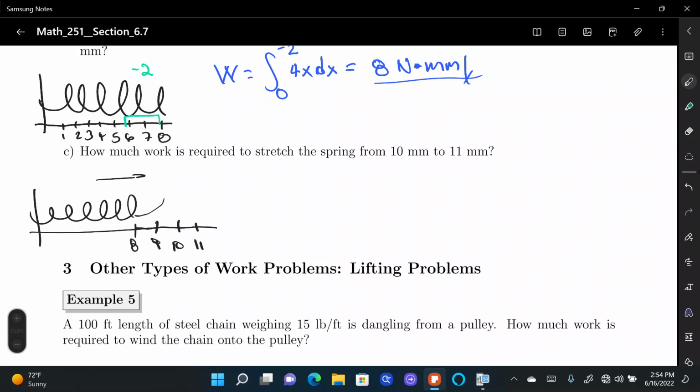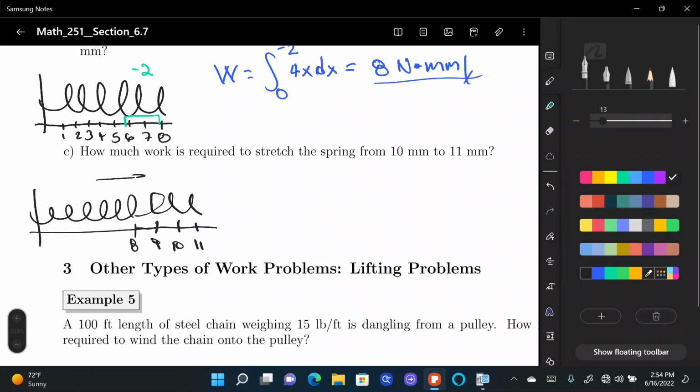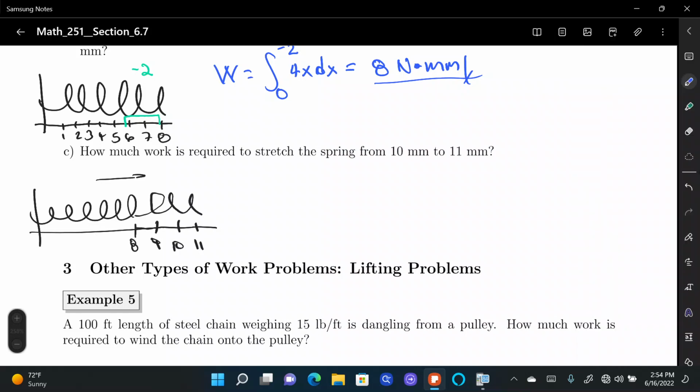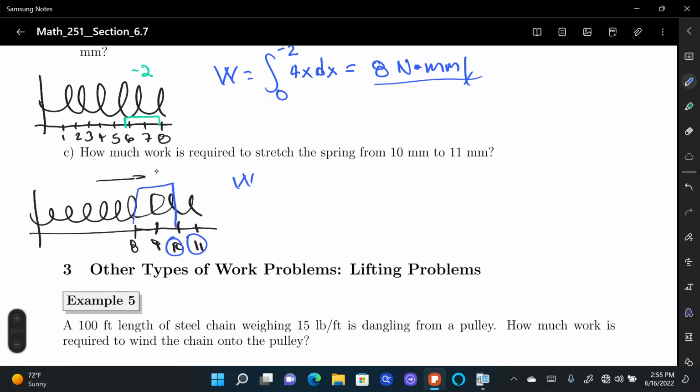And we want to know how many units? That's 2 and 3. All right. So in this case, the integral for work is going to go from 2 to 3.